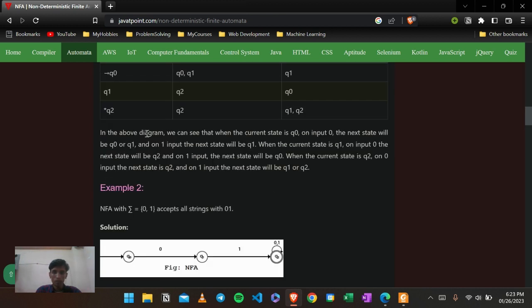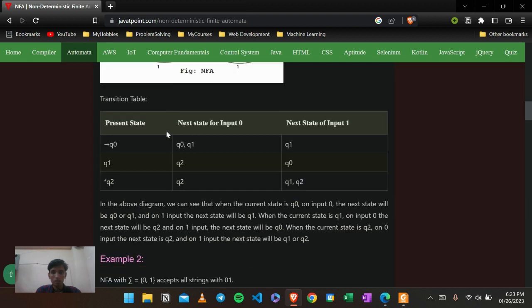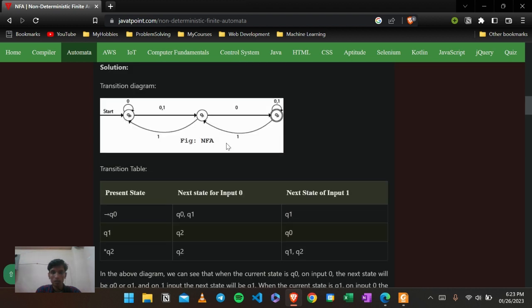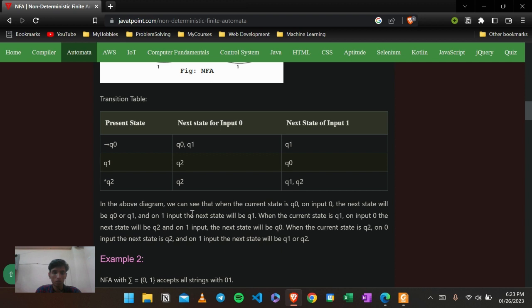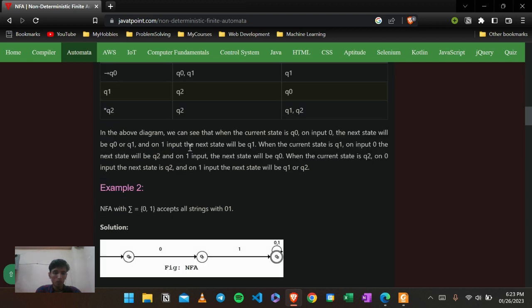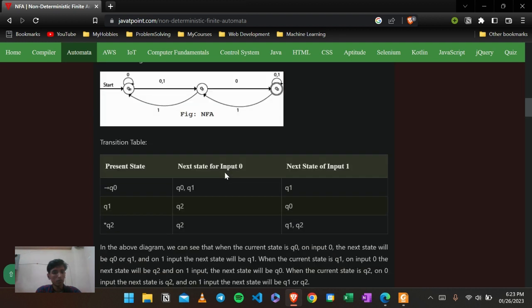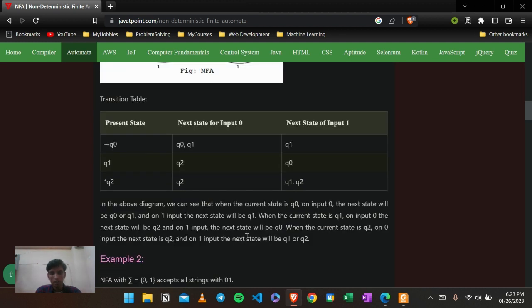More clearly, in the above diagram, we can see that the current state is Q naught, and on input 0, as I already explained, the next state will be Q naught or Q1, and on input 1, the next state will be Q1. When the current state is Q1, on input 0, the next state will be Q2, and on input 1, the next state will be Q naught.